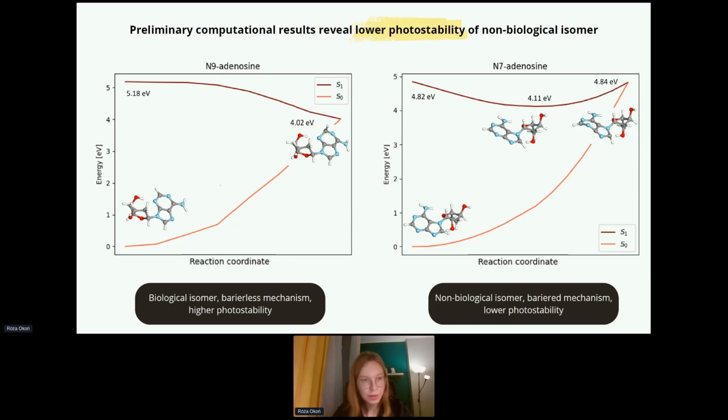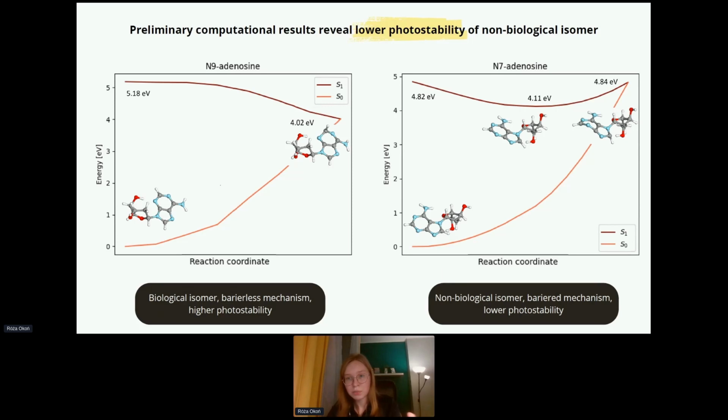So the situation on the left side of each plot is some starting point just after the excitation. The line on top represents the excited state, while the bottom one represents the ground state in both plots.